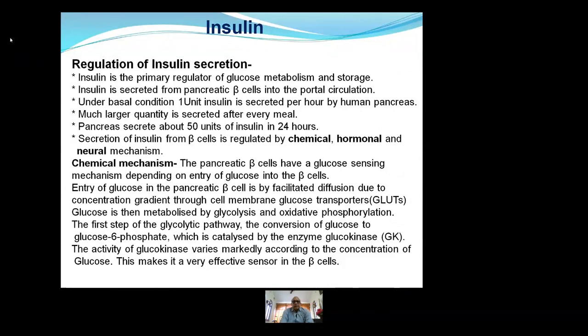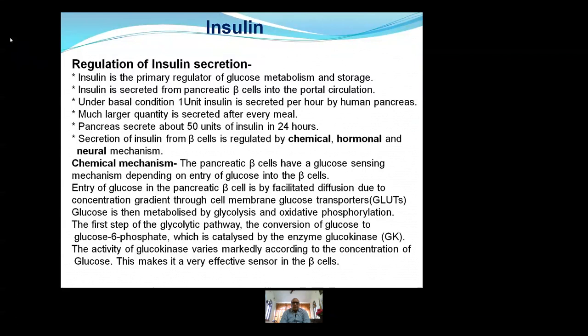Entry of glucose into the pancreatic beta cell is by facilitated diffusion due to concentration gradient through the cell membrane glucose transporter GLUT. Glucose is then metabolized by glycolysis and oxidative phosphorylation.